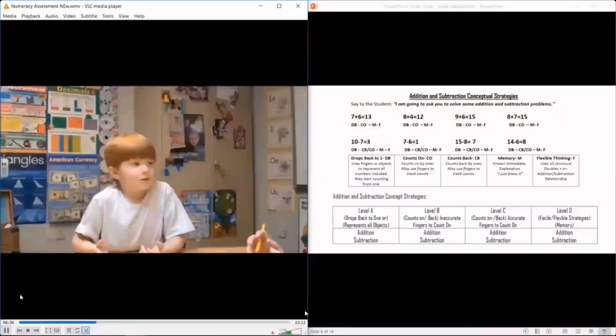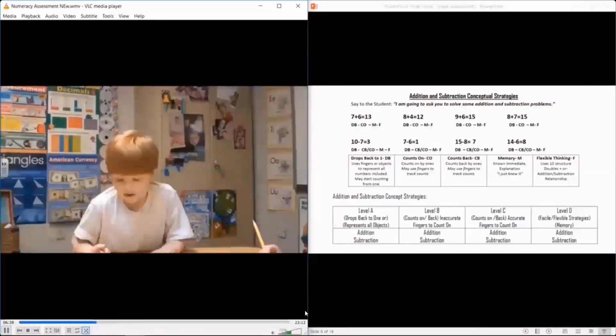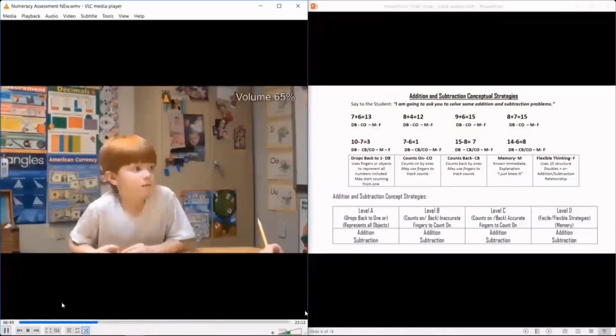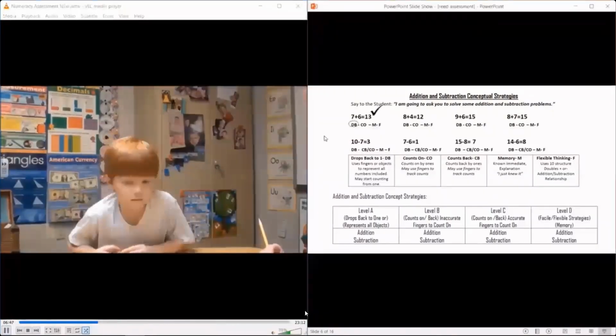Can I use my fingers? Whatever you need to do. What you can't see because the camera cut it off, he just built an 8 on his fingers, so he's re-representing. 13. All right, 8 plus 4.